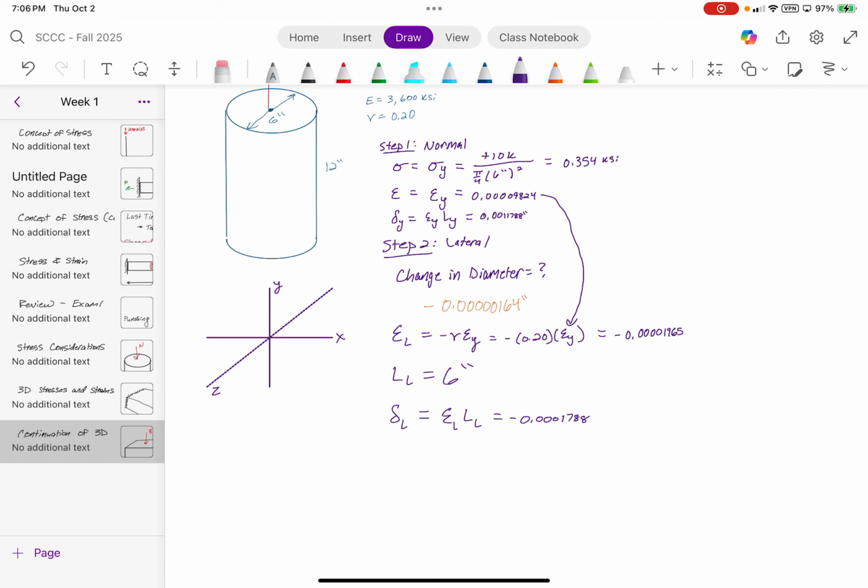If you did delta X, delta Z, it would have been the same thing, but then you're calculating it in a particular direction, which for a circle doesn't even really matter. But for the previous question, you would have to do separate, because there's 3 faces. In this case, there's only 2, so you have a lateral and a normal.